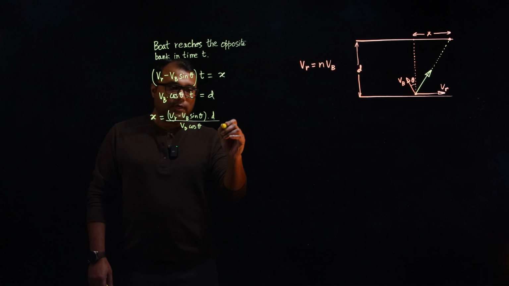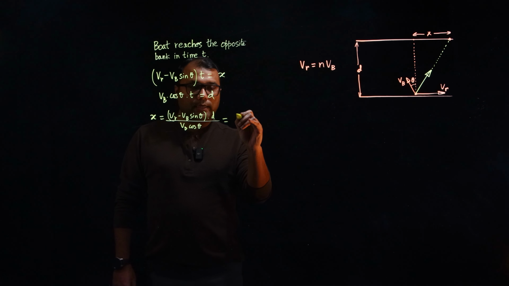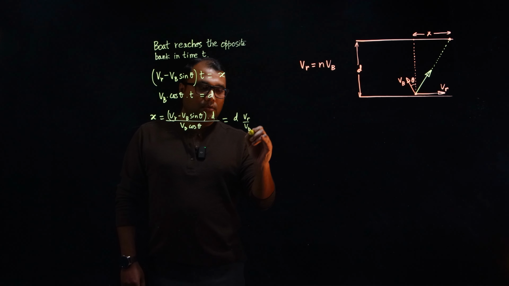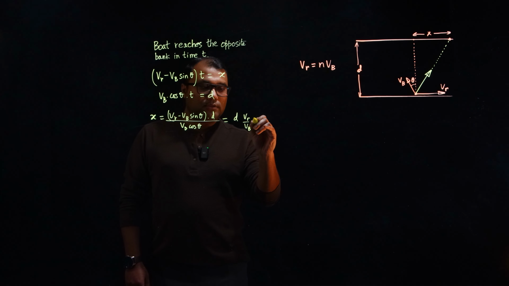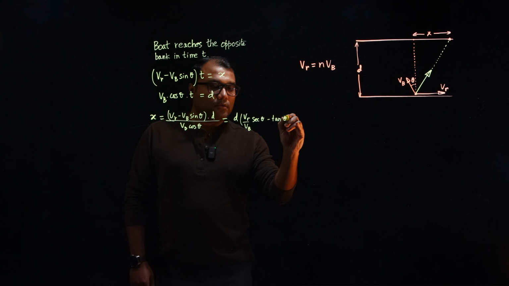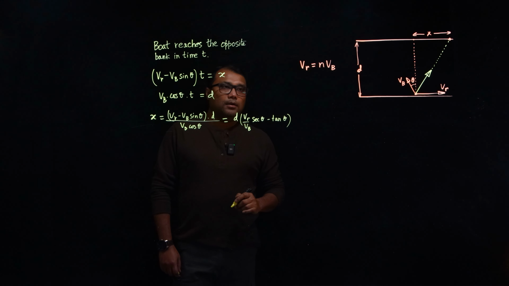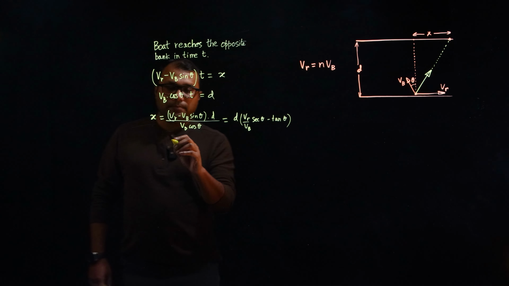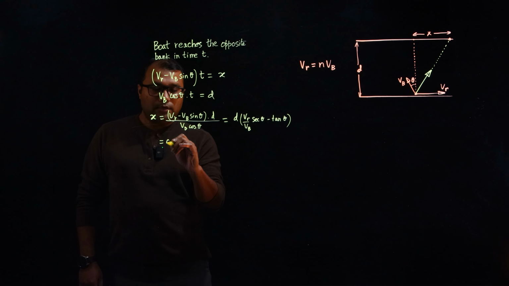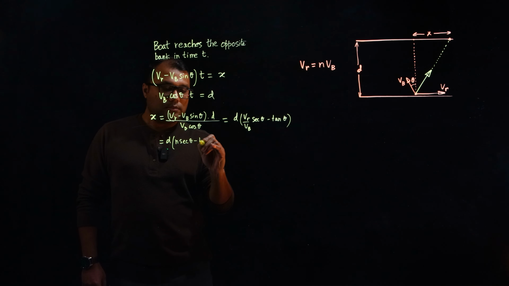Or we can simplify this to write d VR by VB times sec theta minus tan theta. Now VR by VB is n, so this can further be written as d n sec theta minus tan theta.